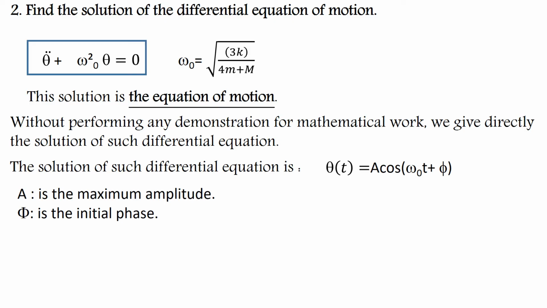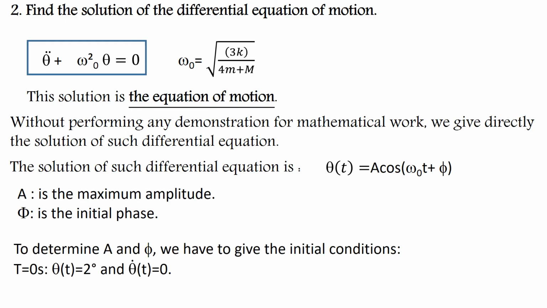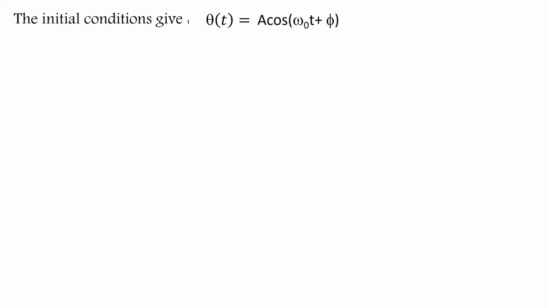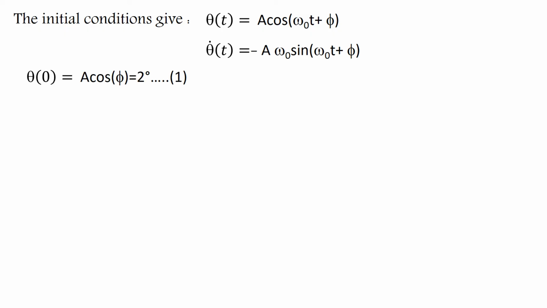In order to determine A and phi, we need the initial conditions. Here, at t equals 0, it's little t, not capital T, to say that it is time, theta is equal to theta 0 and theta point is equal to 0. So we need theta point by derivating theta, and we replace the initial conditions in the first and in the second.